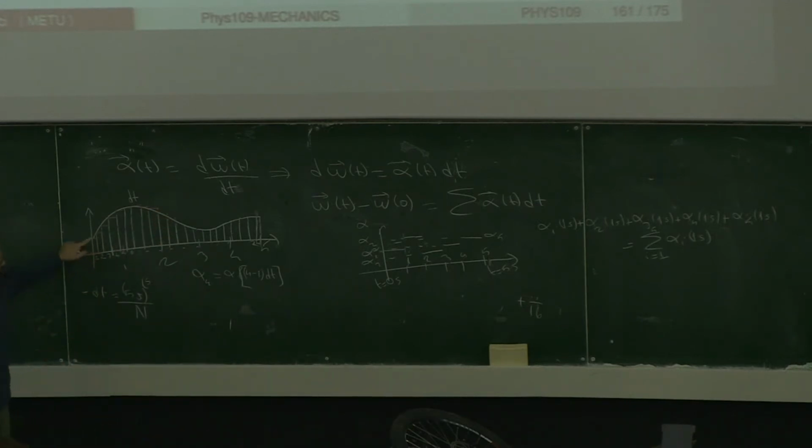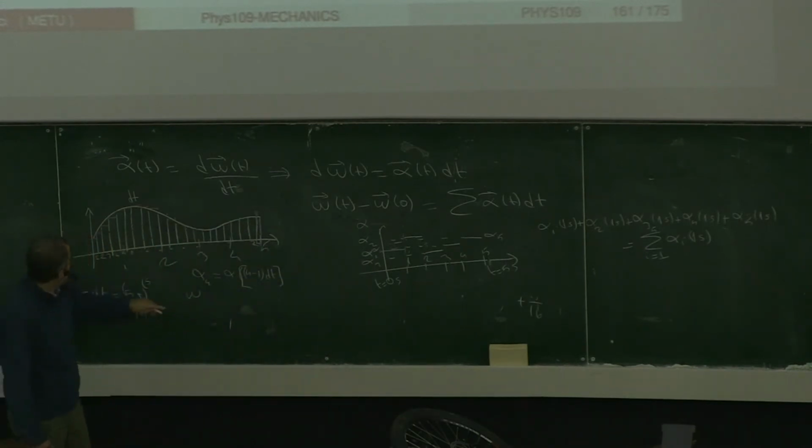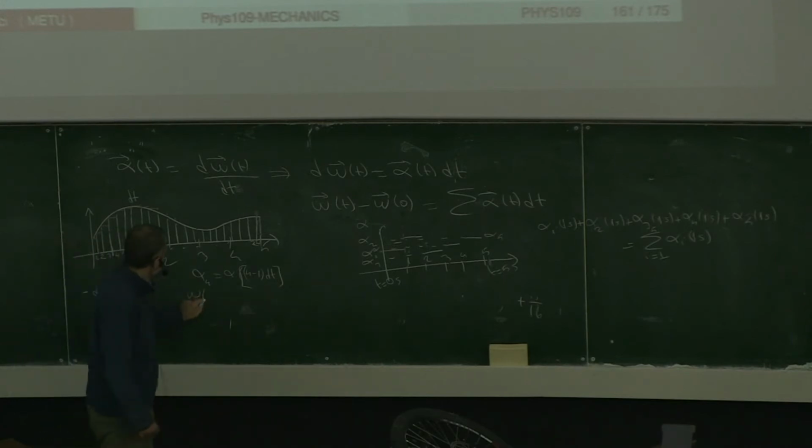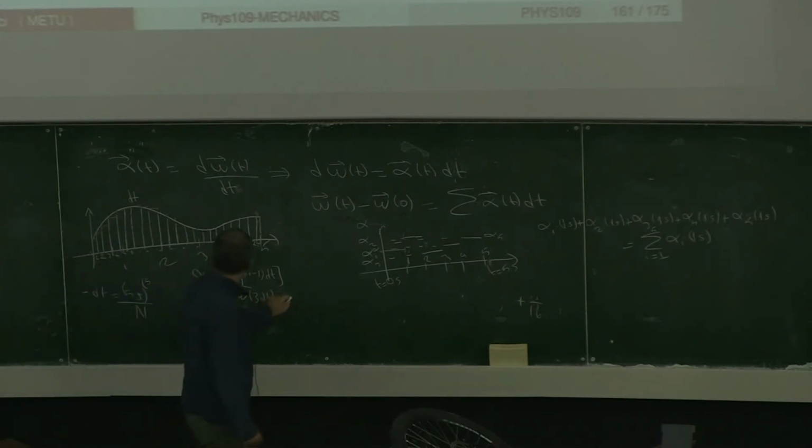Now, this is alpha 4, the time interval, the change in my velocity, okay, I'm at the fourth interval, so it is omega of 4 dt minus omega of 3 dt. This is the change in the velocity as I go from 3 dt to 4 dt. This is equal to alpha 4 times dt.